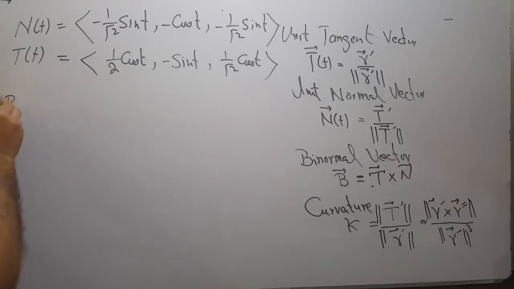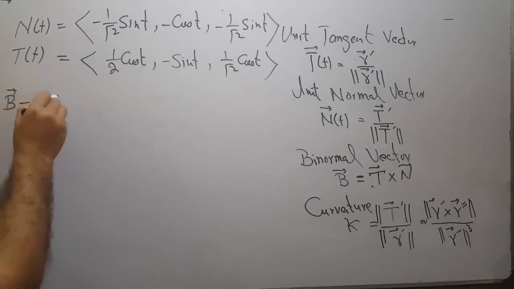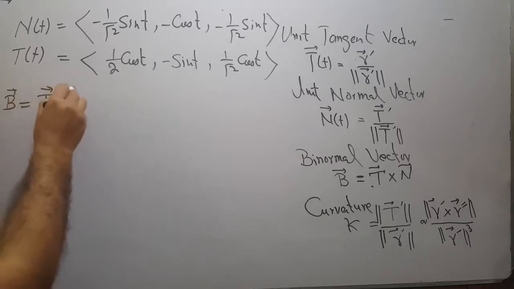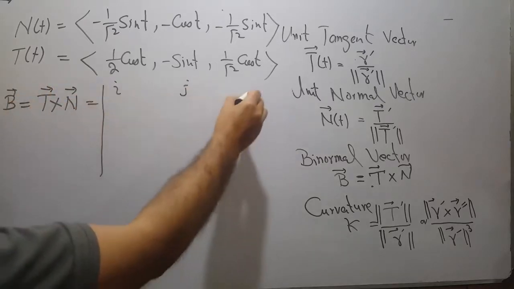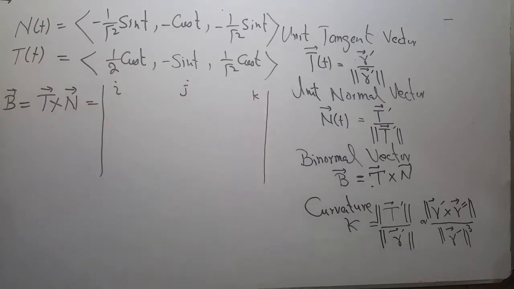So B is t cross n, so that is i, j, and k.